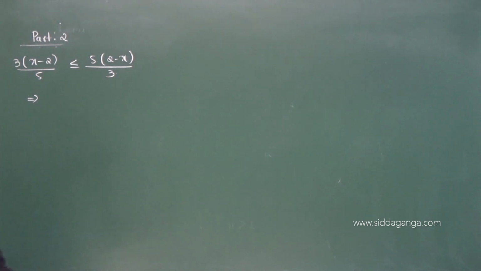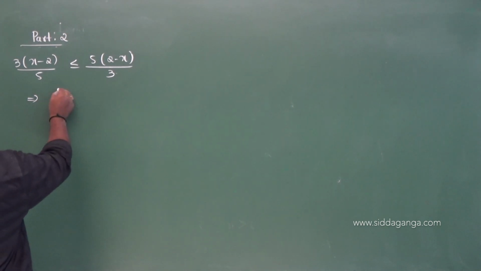So what I do, if you multiply by 5 by 3, 3 by 5, 5 by 3, okay, let's multiply by 5 on both sides.